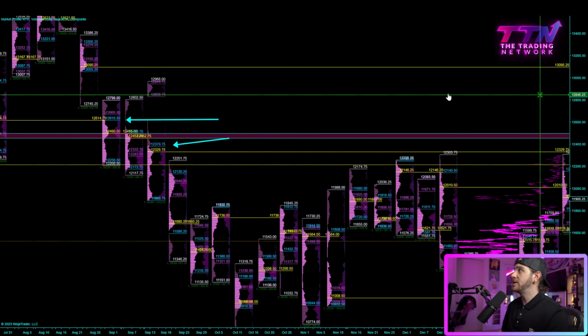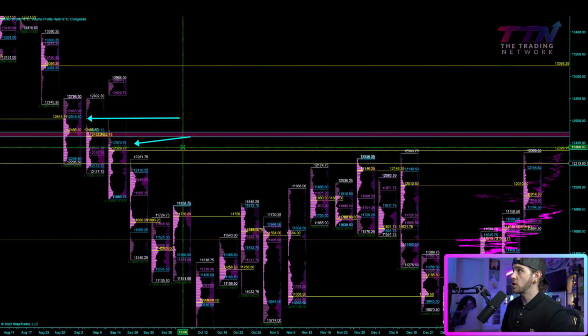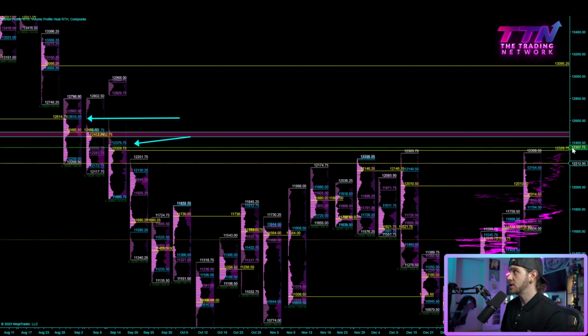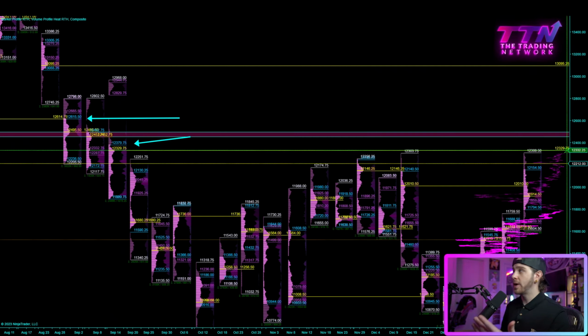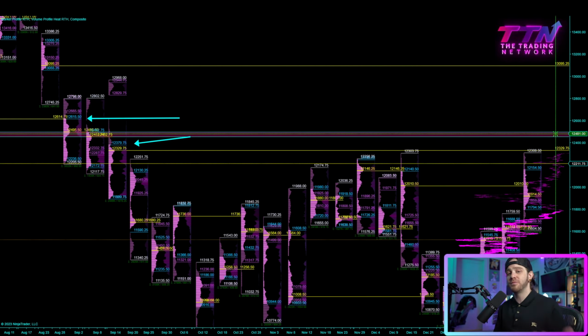So that is where I will be looking if we can indeed move and hold above this current naked POC from September 12th that we still have not touched. So it might seem like it is a ways away, but as you guys know, NQ is capable of a lot of crazy things. And we have NFP coming up this week, so it's going to be very interesting to see what kind of effect that news or that information drop has on the markets.